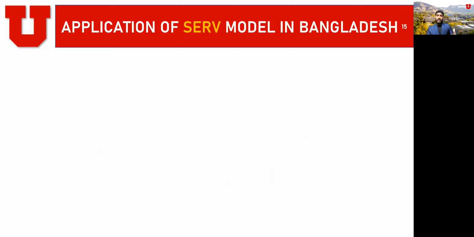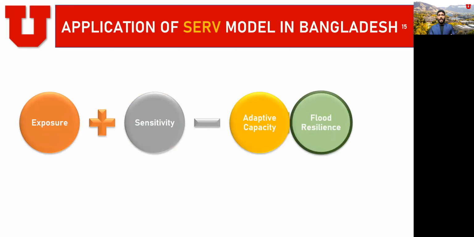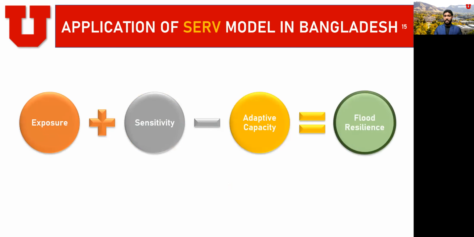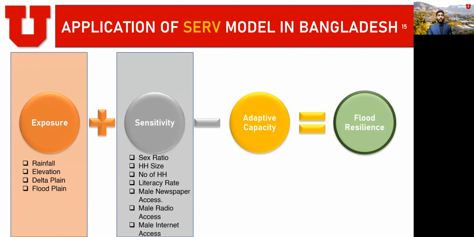Now, to apply the SERV model, we need to look at the equation, which is exposure plus sensitivity minus adaptive capacity is equal to flood resilience. And exposure is the culmination of rainfall, elevation, delta plain, and floodplain. Sensitivity is sex ratio, household size, number of households, literacy rate, male newspaper access, male radio access, male internet access.